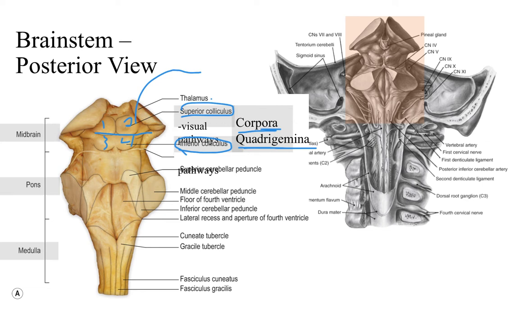The superior colliculus happens to be involved in visual pathways, and I apologize again for the typing being off from your PowerPoint. The inferior colliculus then is involved in auditory pathways. All right, and specifically, visual reflexes and auditory reflexes happen within the corpora quadrigemina, visual within the superior colliculus and auditory within the inferior colliculus.